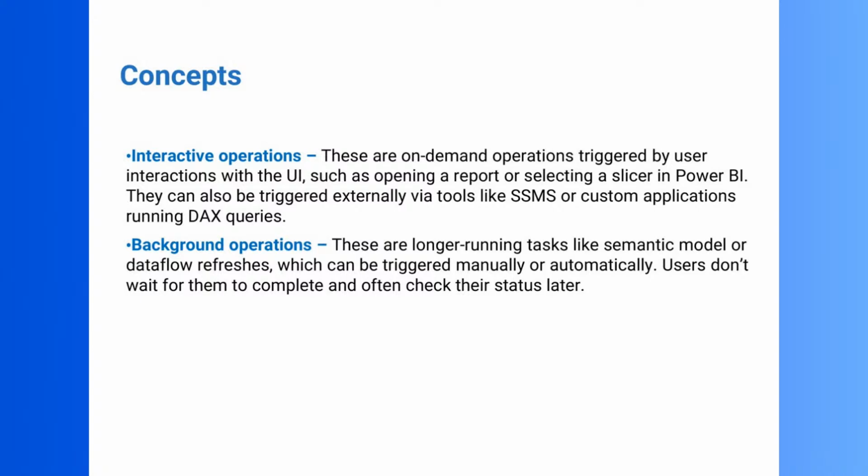Remember, background operations are used for anything related to moving data, transforming data, anything in the back end, anything that is happening behind the scenes by the data engineers, the architects, and so on.